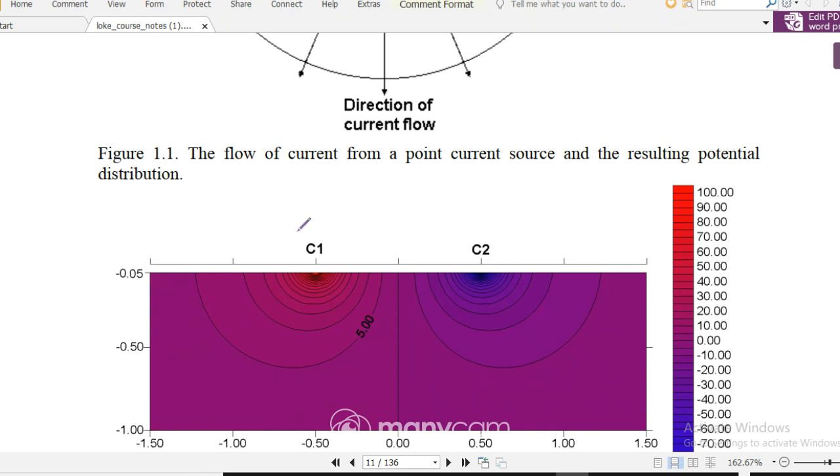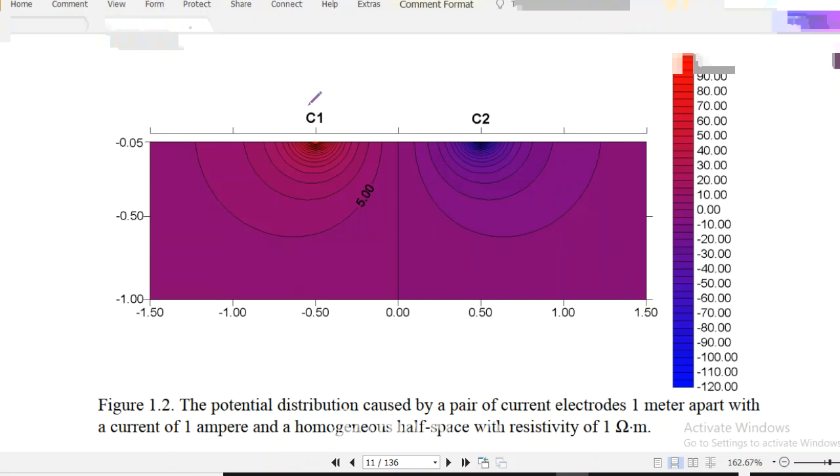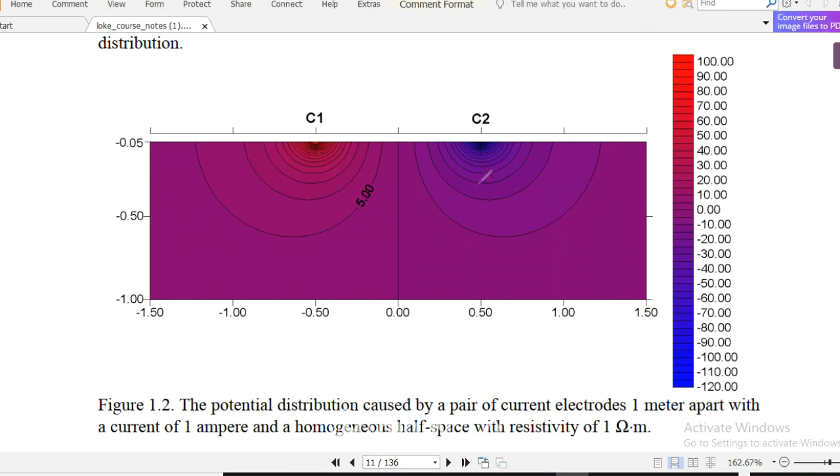Now, for example, this is an experimental result: the potential distribution caused by a pair of electrodes, C1 and C2, 1 meter apart, from negative 0.5 to 0.5, with a current of 1 ampere flowing, in a homogeneous half space with resistivity 1.